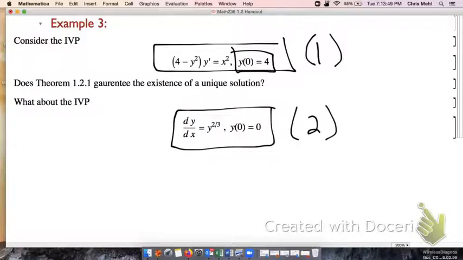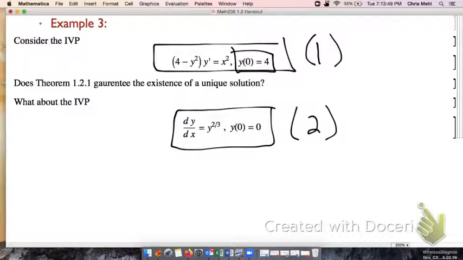Now, again, we don't know how to find the solutions yet. All we're really doing right now is talking about what solutions are, and the types of differential equations we're solving, like first order, second order.